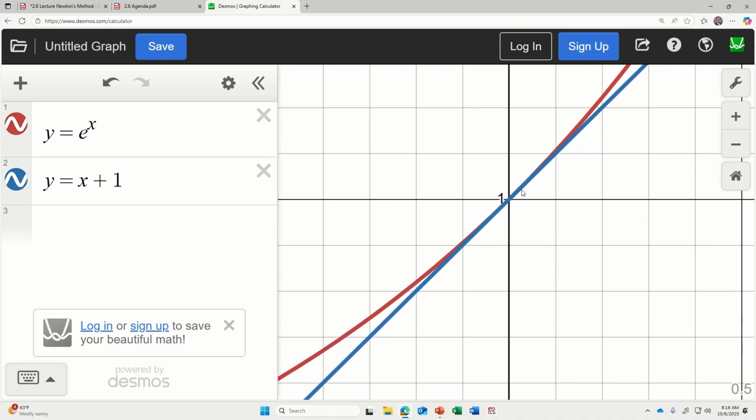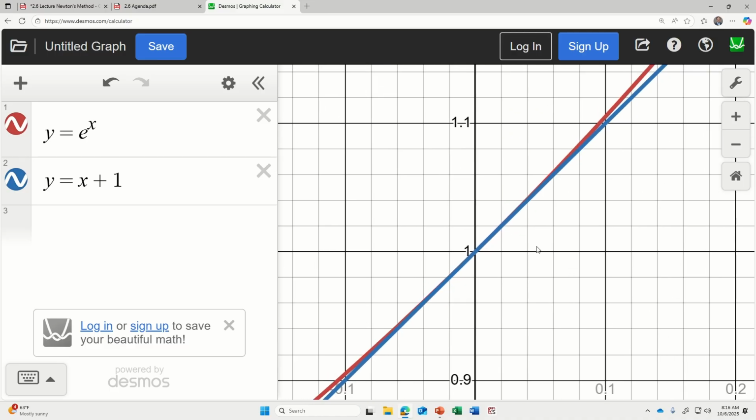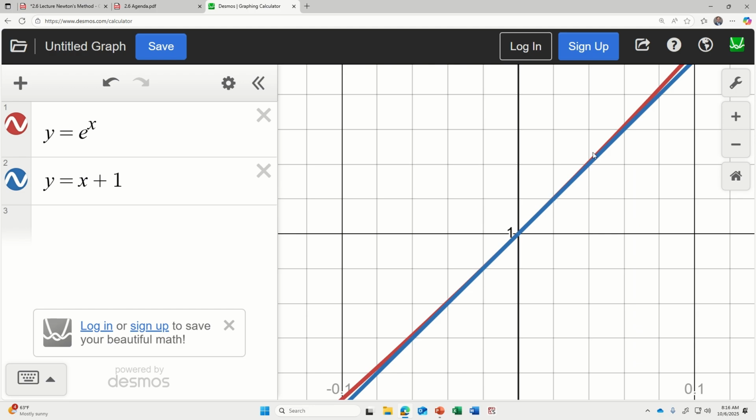that means if I zoom in really close, there's a particular neighborhood around x equals 0 over which the blue line is a good approximation of the red curve. It wouldn't really matter whether you used the red function or the blue function to evaluate a point near x equals 0, because it would be pretty close to the same.